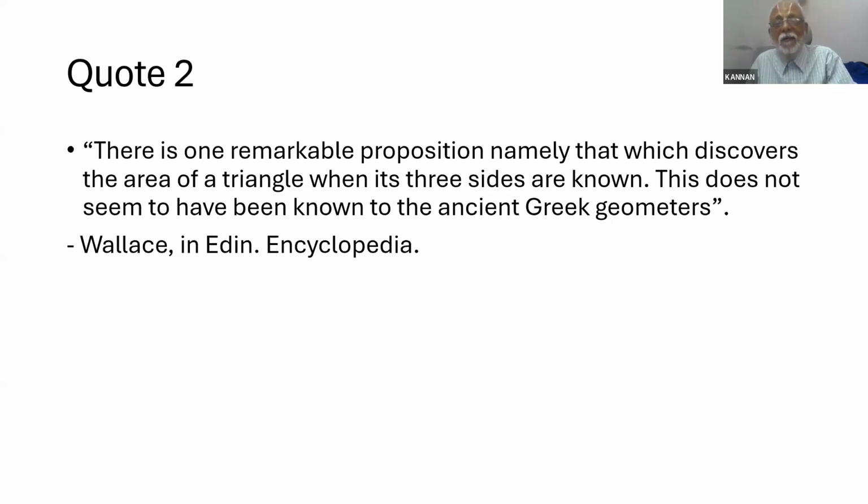That is clear from the next sentence. This does not seem to have been known to the ancient Greek geometers. The more general version of Brahmagupta is not known to the Greek geometers. It is known only in India.